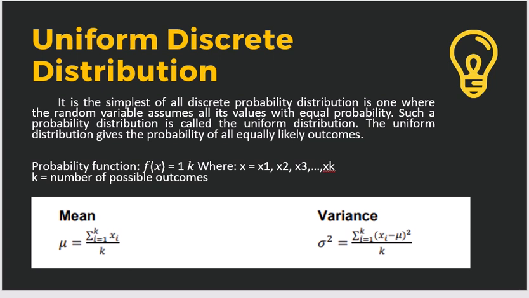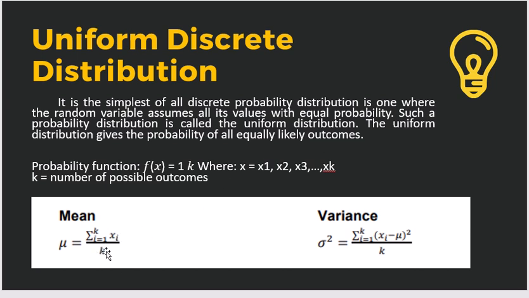So we have the mean. We have the summation from i equals 1 to k of x sub i, where this is your starting point and x sub i is the number in the population.